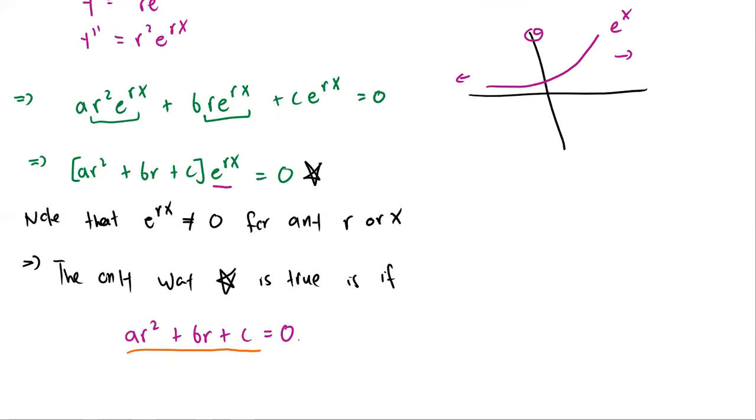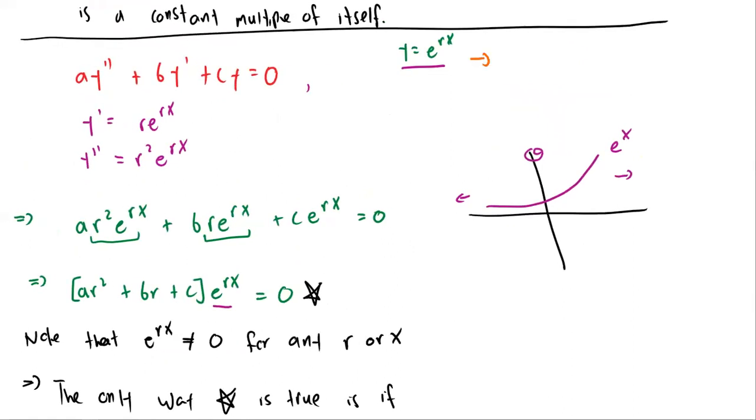Think of this polynomial equation as r being the variable that we're trying to solve for. We can find two values of r for which this is true. Then we could potentially find two solutions. And if they're linearly independent, we know that they are solutions by construction, because whatever value of r we choose is going to make this equation equal to 0.